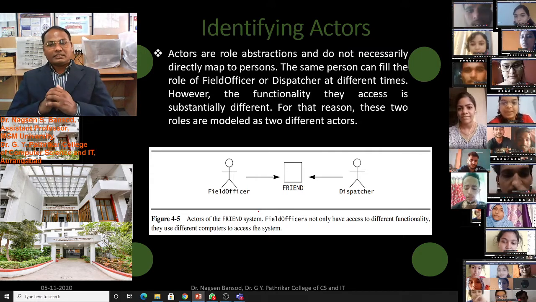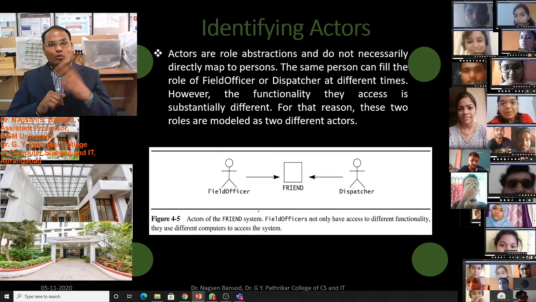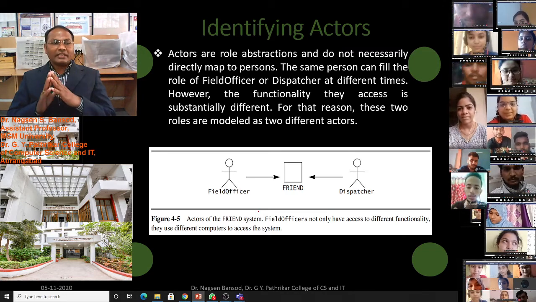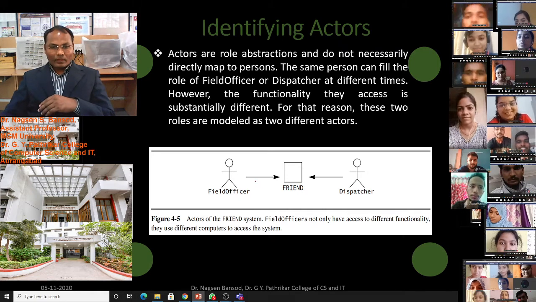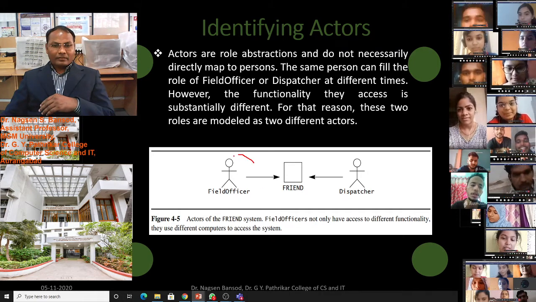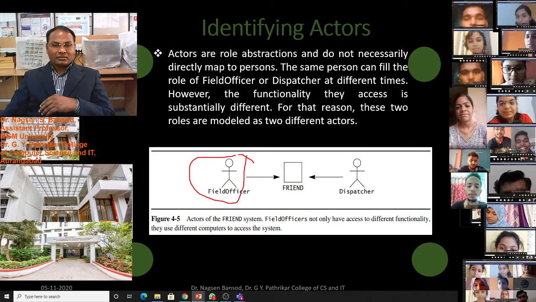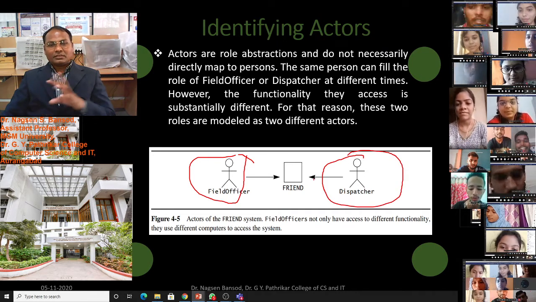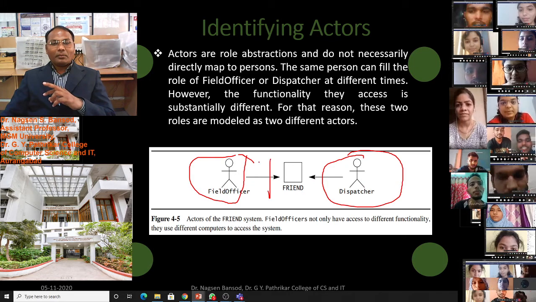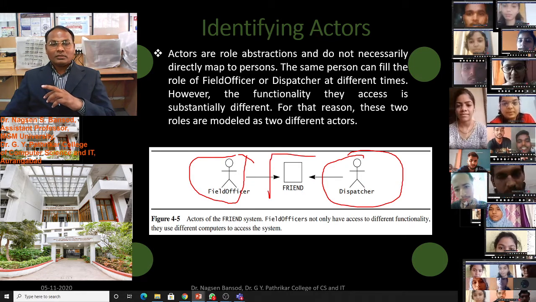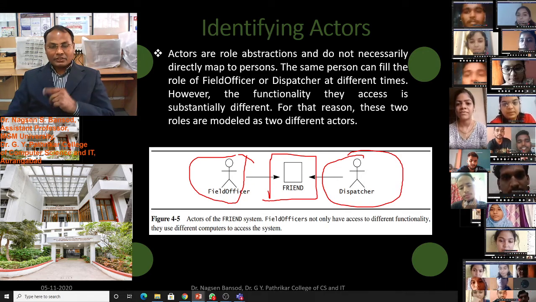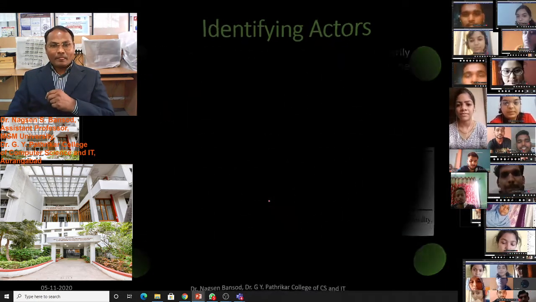For that reason, these two roles are modeled as two different actors, field officer and dispatcher. These two actors interact with the FRIEND system from different positions. You have to keep this in mind.